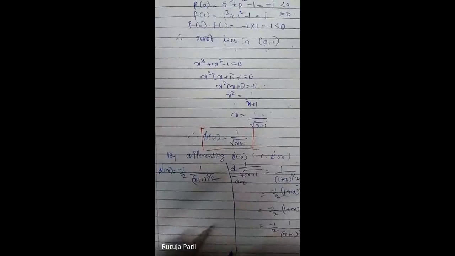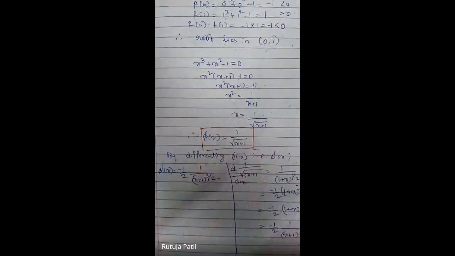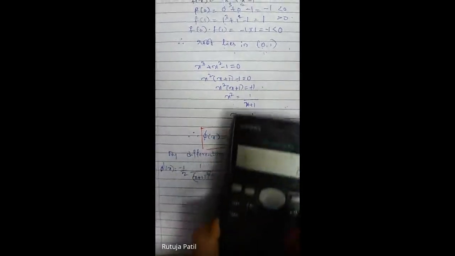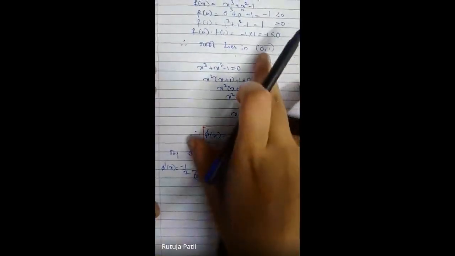Now, whatever interval values we have found, we need to substitute those values and check whether they are right or not. The interval is 0, 1.